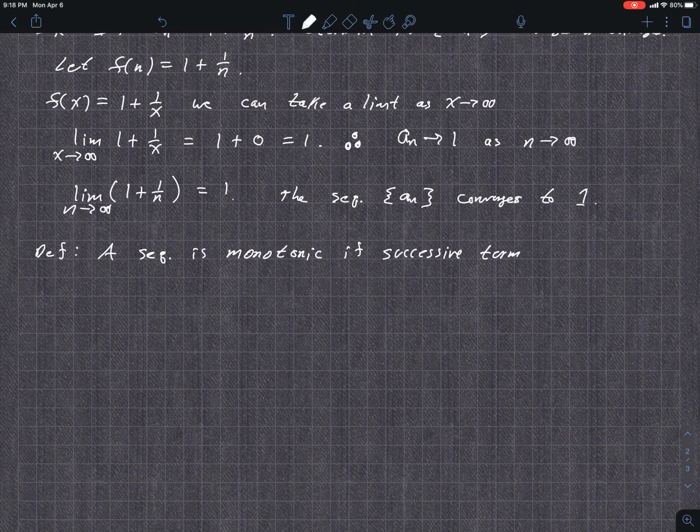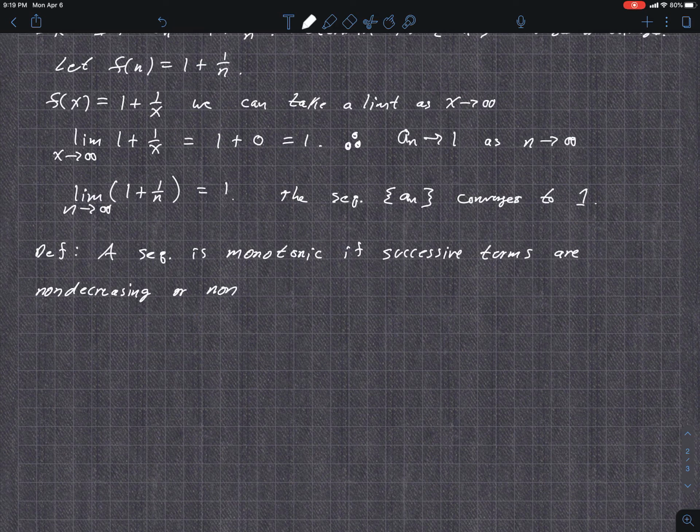if successive terms are non-decreasing or non-increasing.